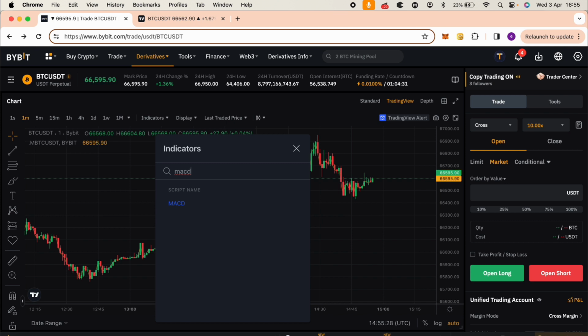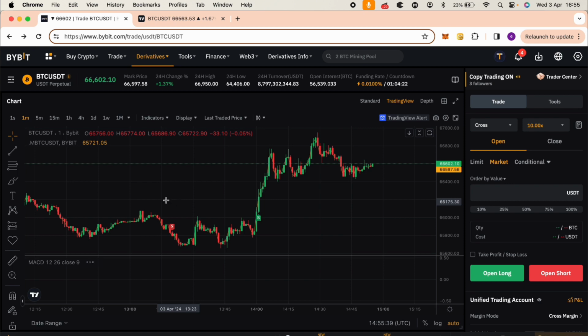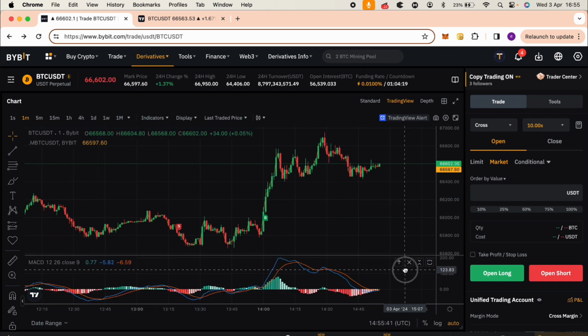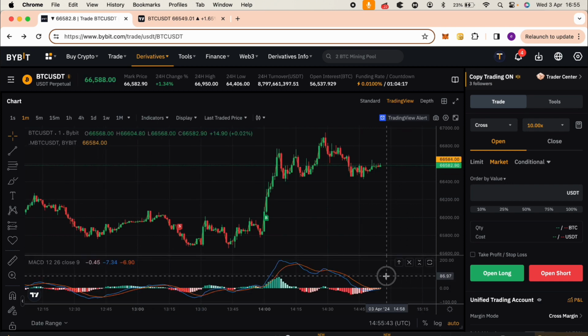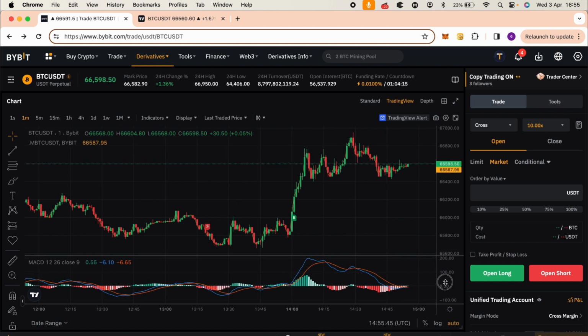So this is the most important indicator that we need to absolutely understand how to use and have installed in our chart. So we go here, we add our first indicator. Don't worry if it looks a little bit confusing, because it's absolutely easy to use. So no worry and stay with me until the end of the video.